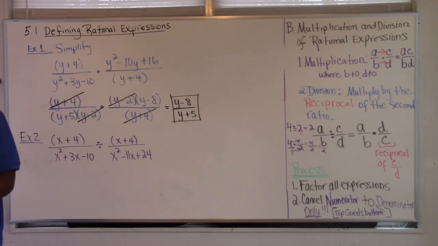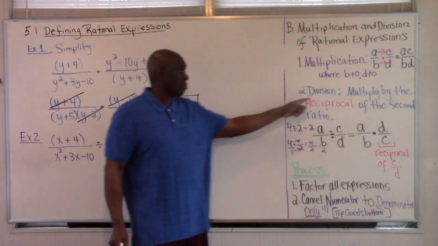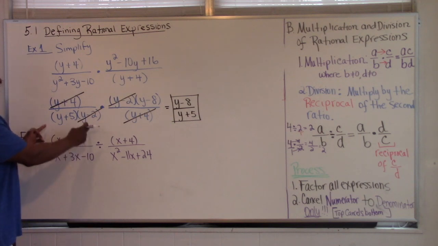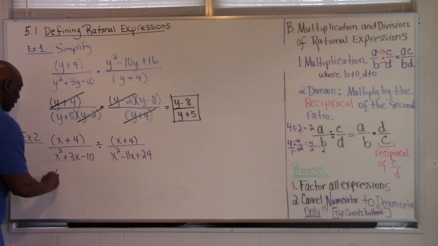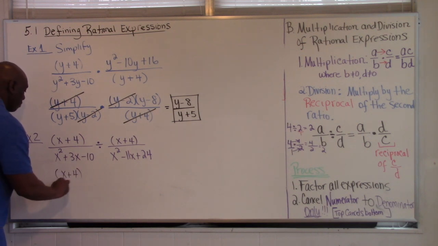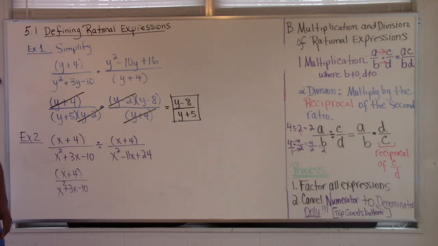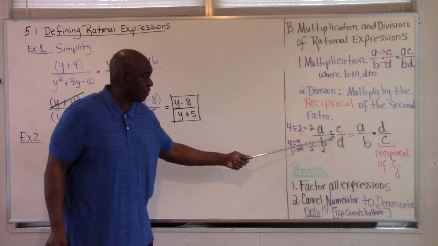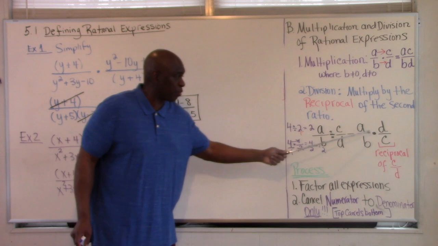Now notice in this example, we don't start with multiplication, we start with division. So now we're going to use our division rule. You take the first ratio and rewrite it, which is going to be x plus 4 divided by x squared plus 3x minus 10. And at this stage, very important, the division now becomes multiplication.